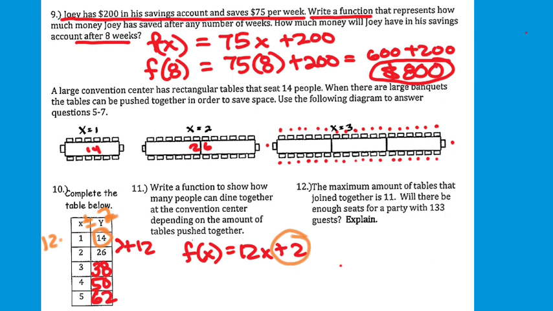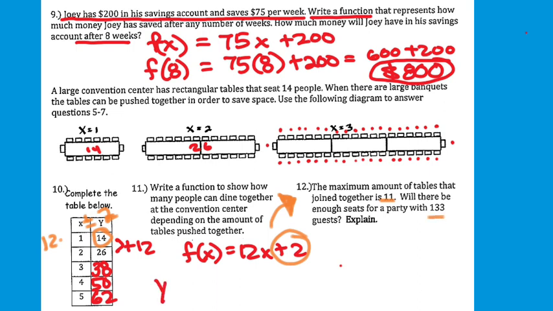Then on number 12, we're going to use this function. We need to use the function to solve for this question. It says the maximum amount of tables that can be joined together is 11, right? So if x is 11, will there be enough to seat 133 people?